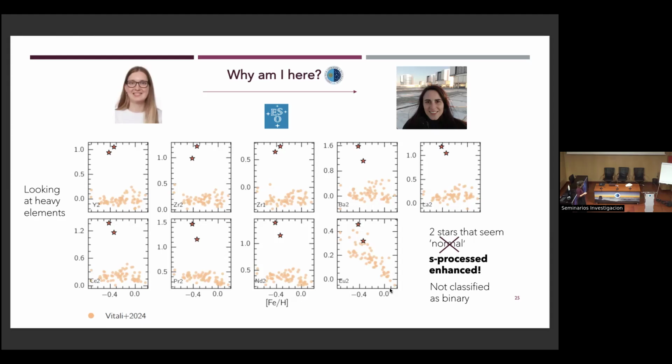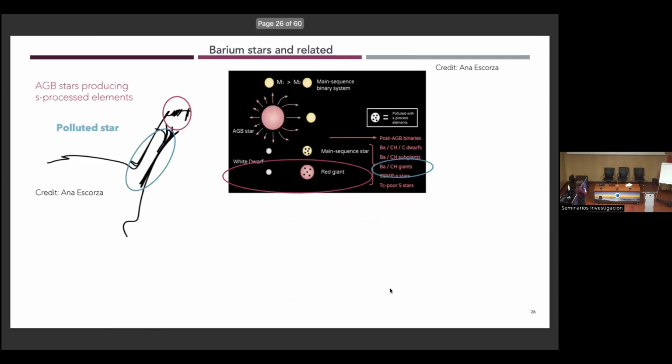This is not really my field, but Anna convinced me that these stars are very interesting, because usually s-enhanced stars, if they are intrinsically s-enhanced, should be AGB. And so they should be much more evolved than the giant stars I was looking at.